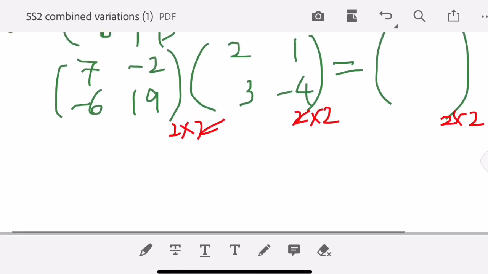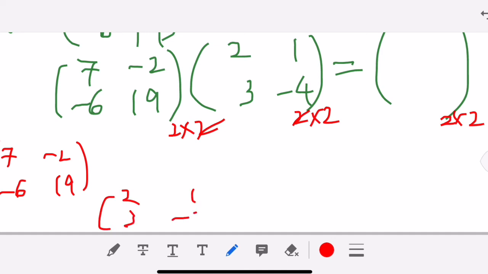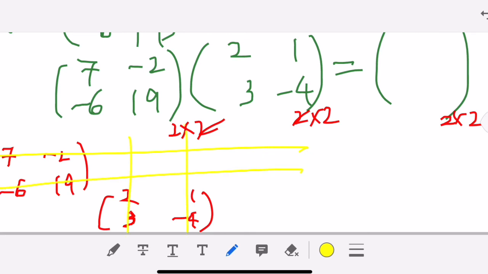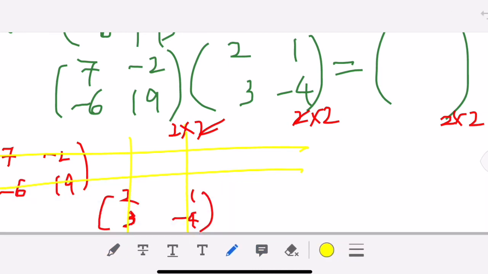We will take 7, -2, -6, 19, and make sure you copy the right one, 3, -4, nicely, and you draw the line to guide you when you multiply. Let's do it together.